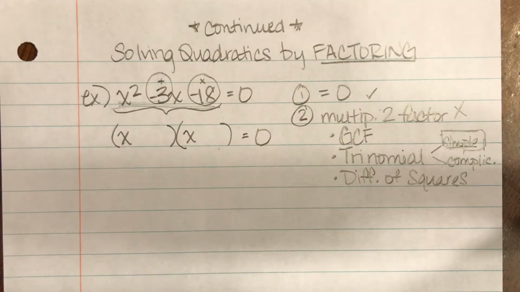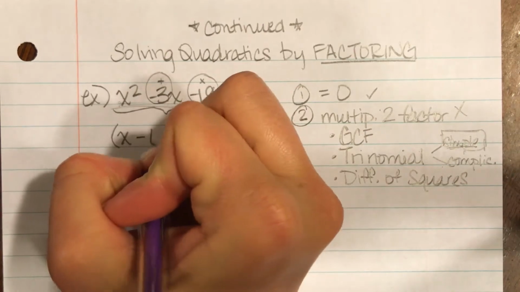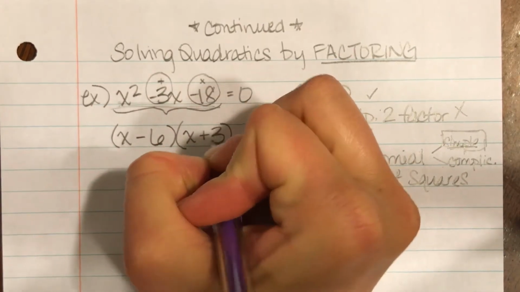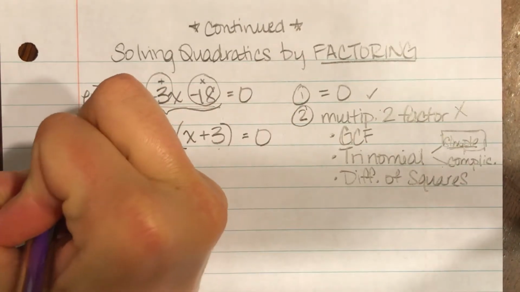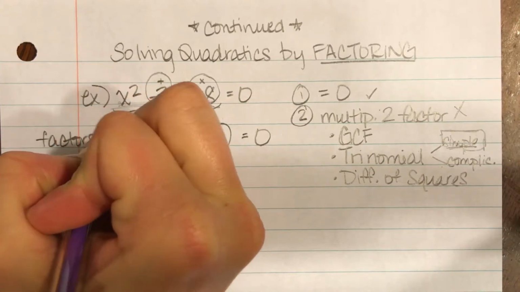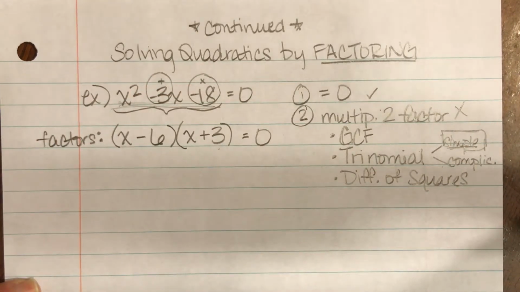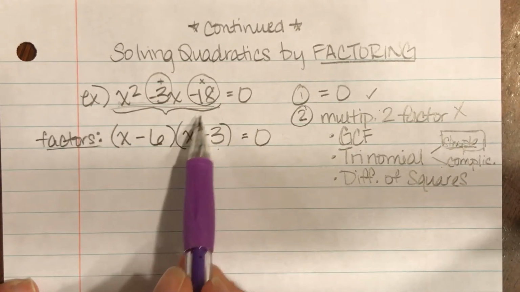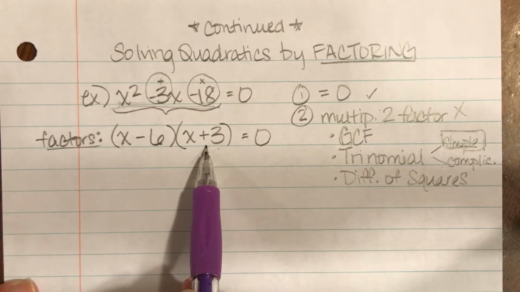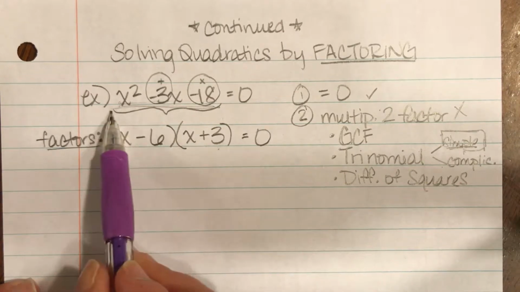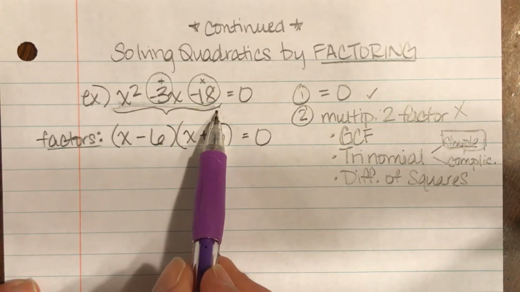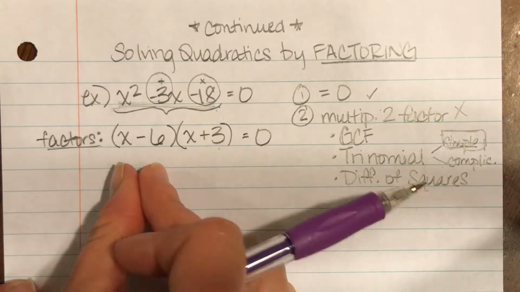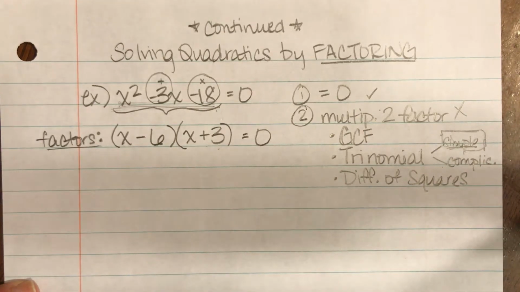Pause it if you need to. You get x minus 6 and x plus 3. Those are the factors. You have not actually solved this problem yet. You've just broken that trinomial into 2 simpler factor pieces. So rather than trying to tackle this big nasty expression, we now have 2 easier expressions being multiplied together.